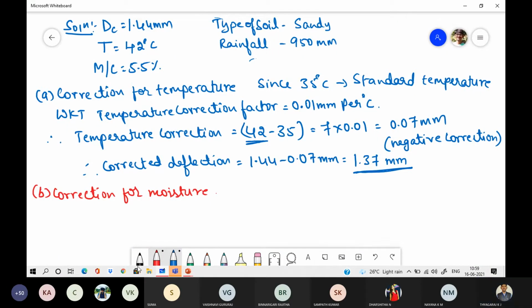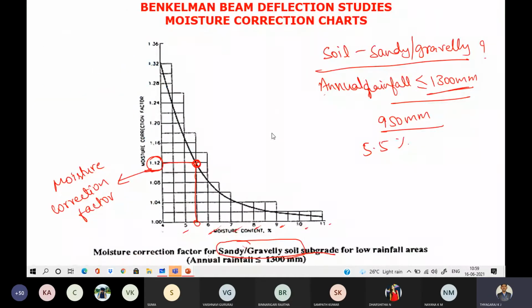Yes, sir. Now we'll go for the graph. So the same, sandy soil with rainfall less than 950 mm. What is the moisture content? 5.5% only, right? Yes, sir. We are going to get the moisture correction factor as 1.12 only.